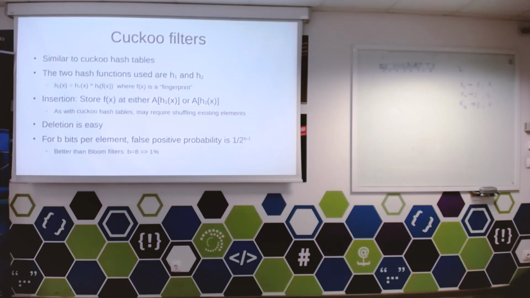Another algorithm, the last thing we'll look at today, is cuckoo filters. Do you know what cuckoo hash tables are?